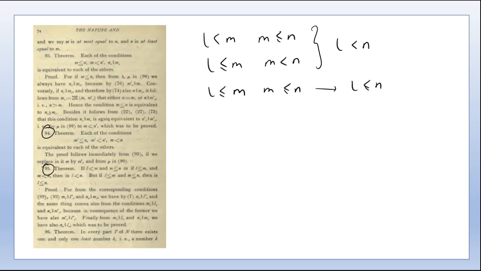From the corresponding conditions 89 and 93, so let me check those. 89, the number M is said to be less than.